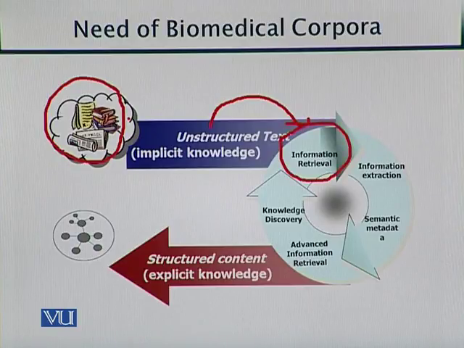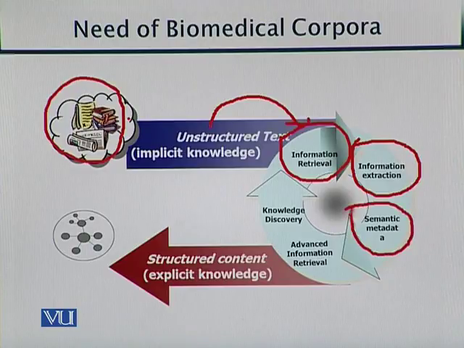Then from the information retrieval system, basically it is knowing of all the data. Then from this knowing of all the data, we come to information extraction, which is basically specific data from information retrieval data. And this information extraction based data is provided semantic metadata, which adds contextual and background information in information extraction.